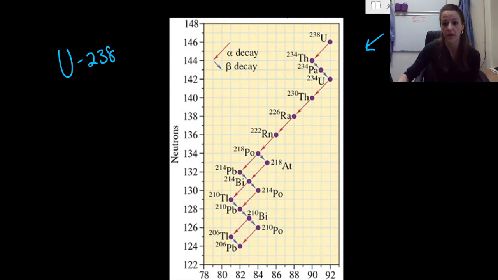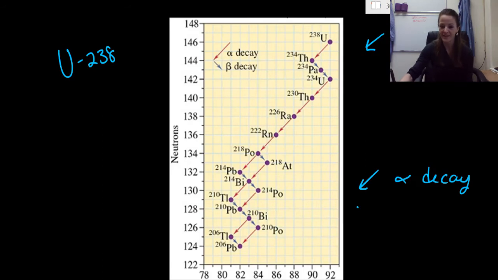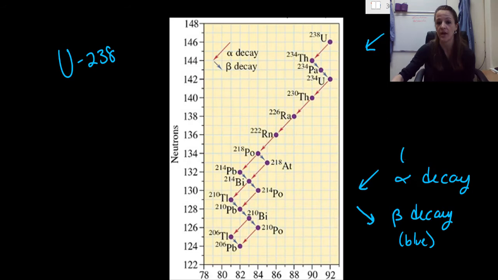Okay, so a downward arrow is alpha decay. Now, if we have a downward arrow that goes from the upper left-hand corner and goes down to the bottom right-hand corner, that is going to indicate beta decay. So the beta decay in this graph is blue, and the alpha decay in this graph is red.